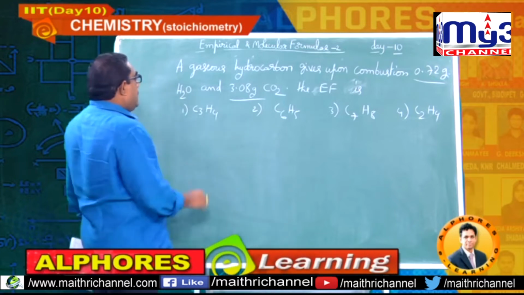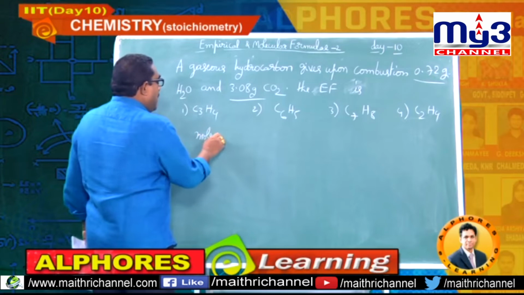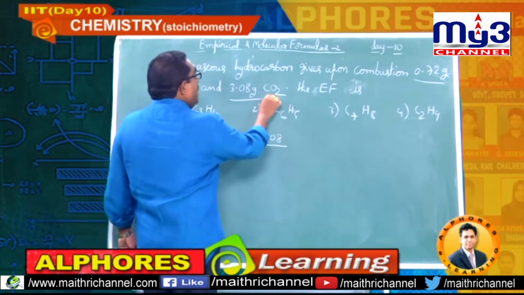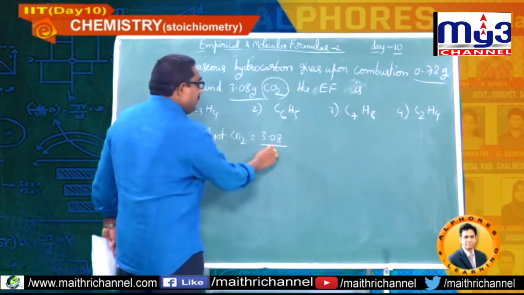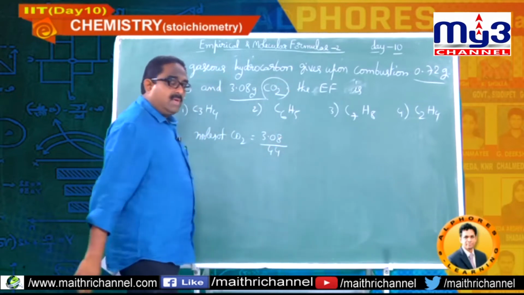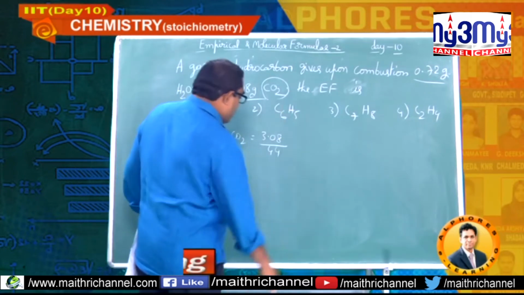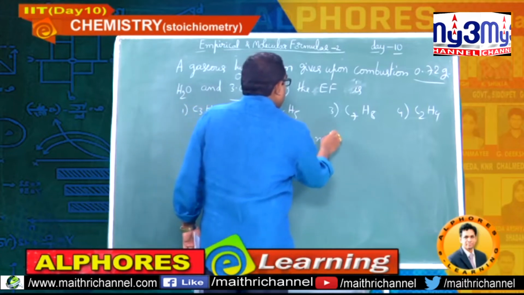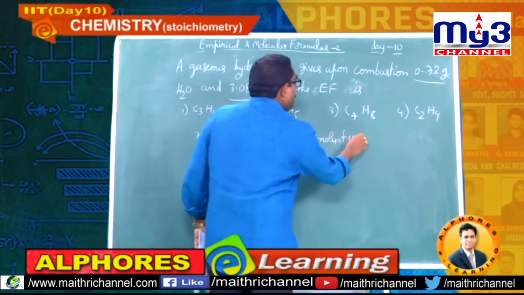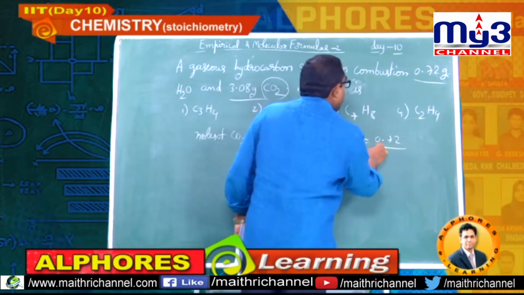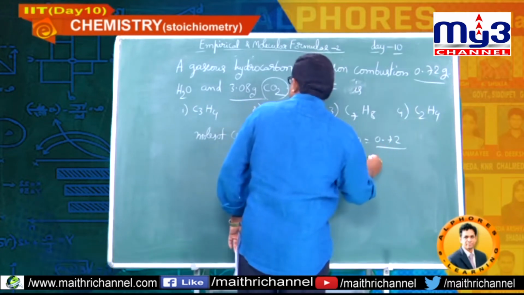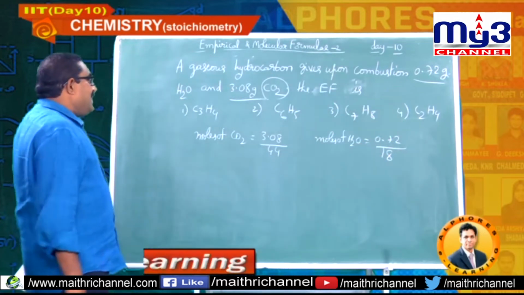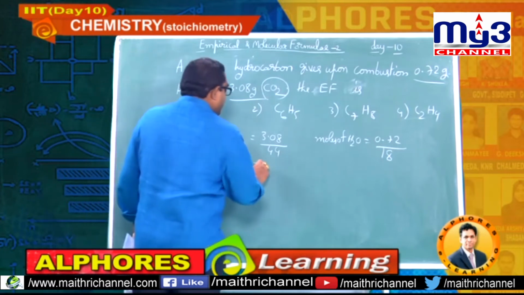Let me calculate moles of CO2: 3.08, the molar mass of carbon dioxide is 44. Next, moles of H2O: 0.72 divided by the molar mass of H2O, 18. Let me calculate.